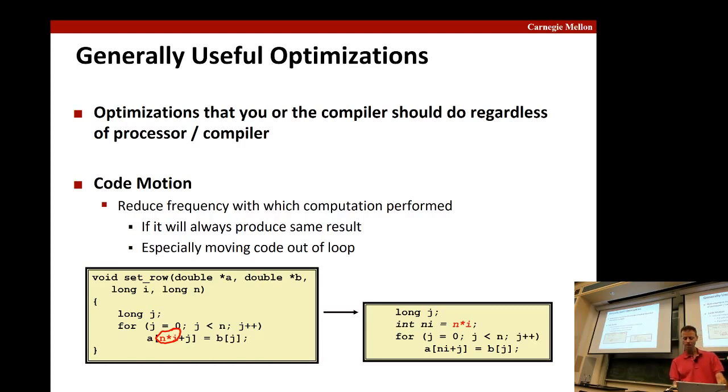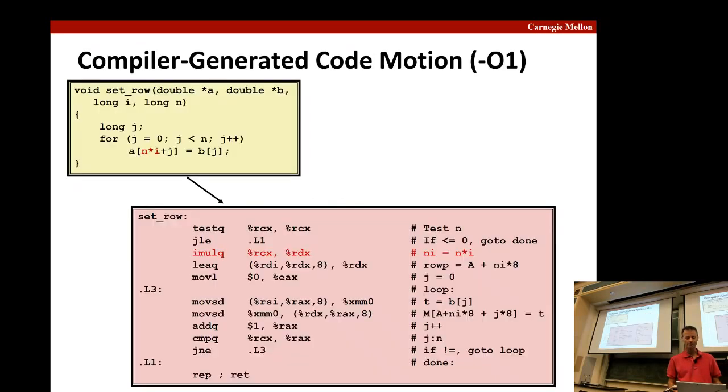So instead, you just want to pull it outside the loop, so that inside the loop you're just referring to the result of that multiplication. That's how you do it in C code, but as we'll see, the compiler will do that automatically. Here you can see that you've computed n times i, n minus 1, and it's outside.